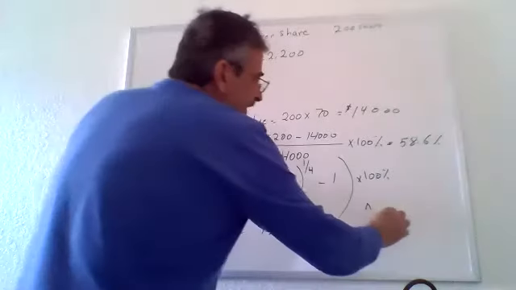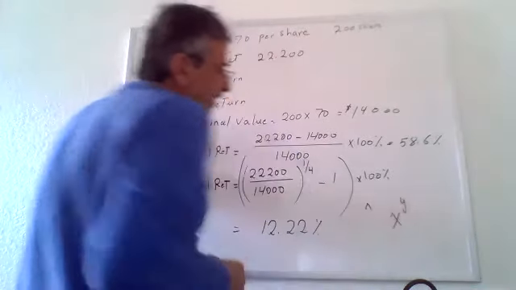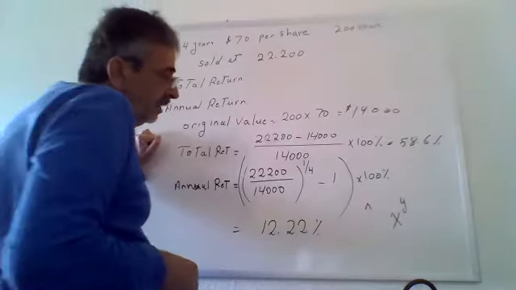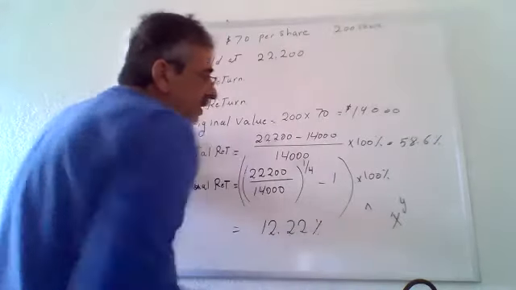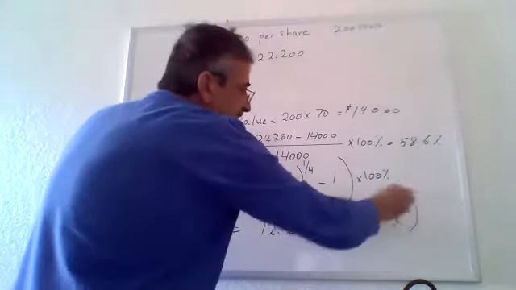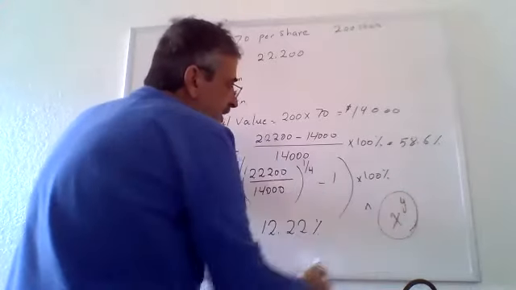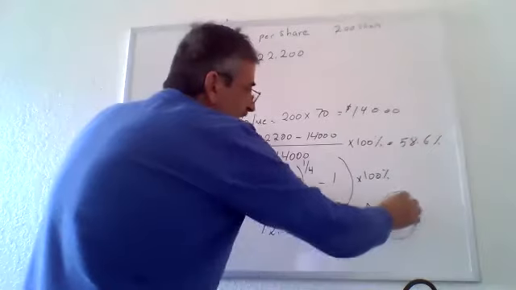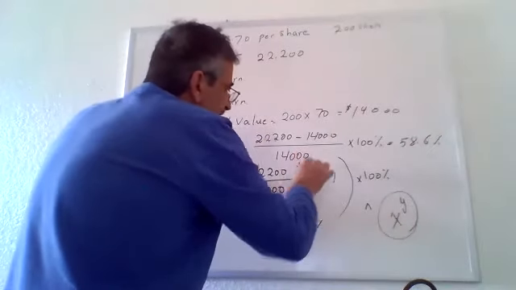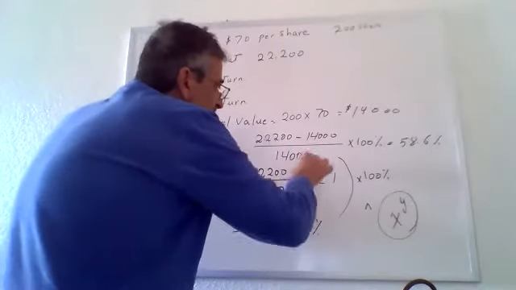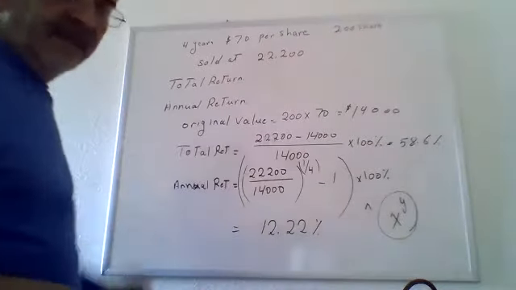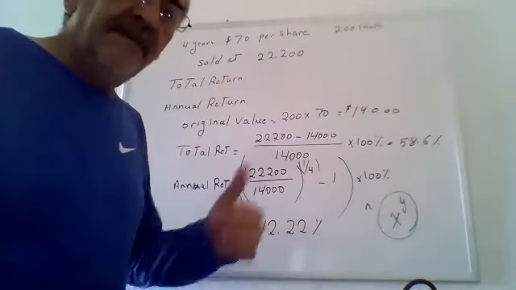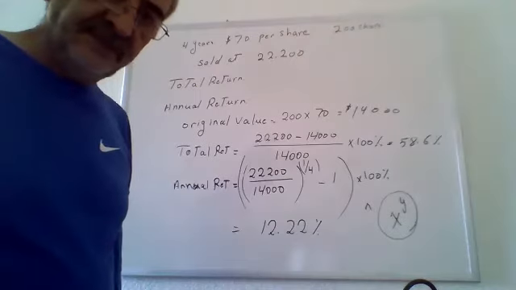Some calculators have something like x to the y, so if yours has this one, you click that one. However, when you type x to the y, you have to put the 1 divided by 4 in parentheses.